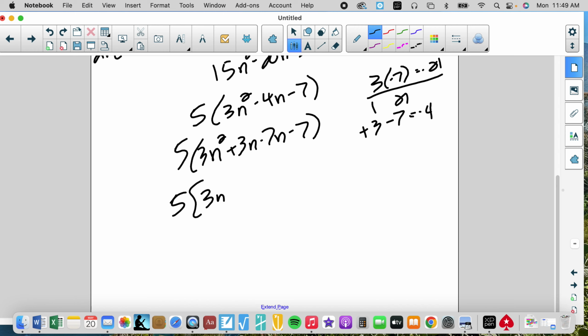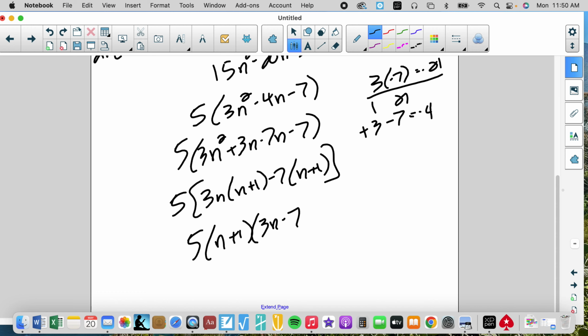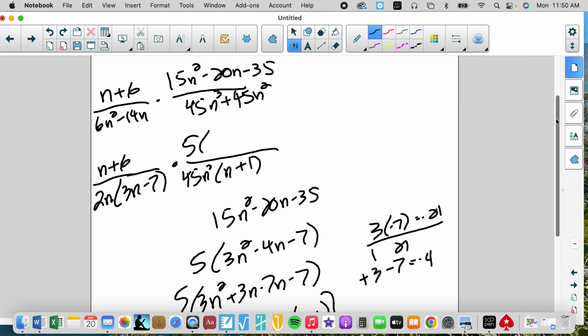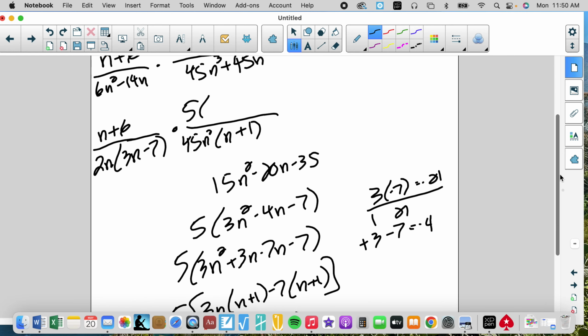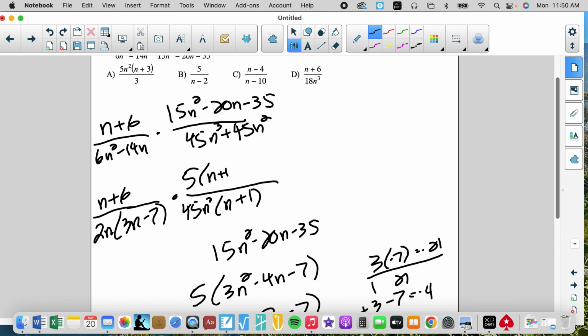Factor out a 3n, n plus 1. Factor out a negative 7, n plus 1. 5 times the quantity n plus 1, 3n minus 7. What's going to cancel? 3n minus 7, n plus 1.